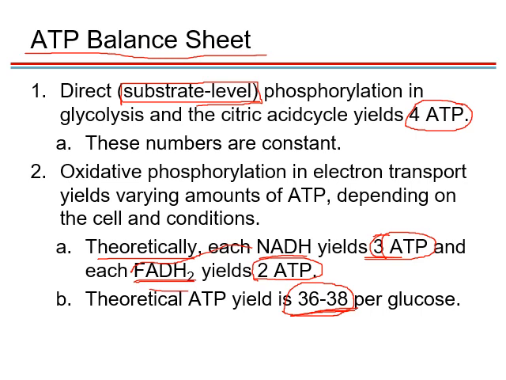Okay, so 3 times 10, 2 times 2 equals 34. That would ultimately, with these 4 here, would give us 38 ATP. Okay, so you can see how aerobic respiration is allowing us to create a lot more ATP.